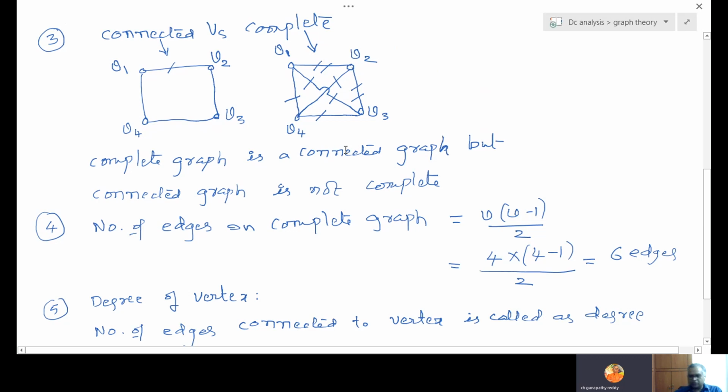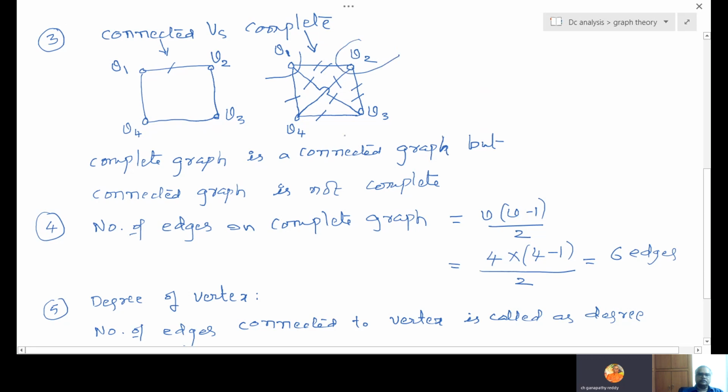Number of edges connected to vertex is the degree. So if you see what is the degree here, 3. What is the degree here? 3.